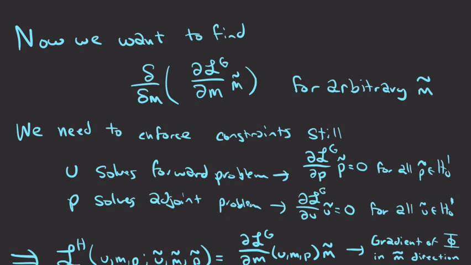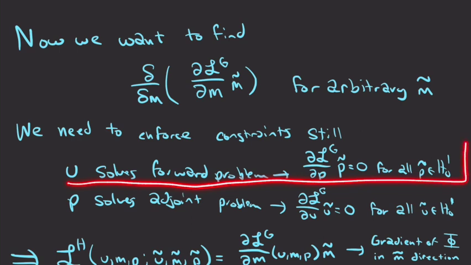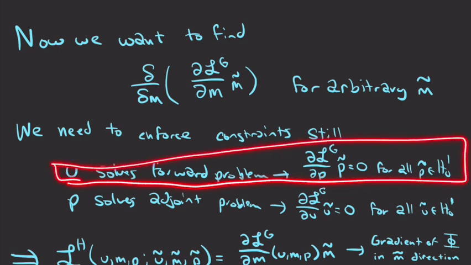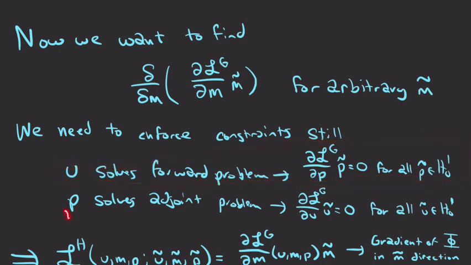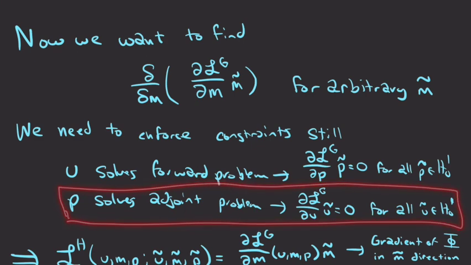But, as before, we need to enforce constraints, and we want to use the adjoint state method because it can efficiently turn this full derivative into a partial derivative. So we need to continue to enforce our forward problem, but we also have to now enforce that P satisfies our adjoint problem as before.